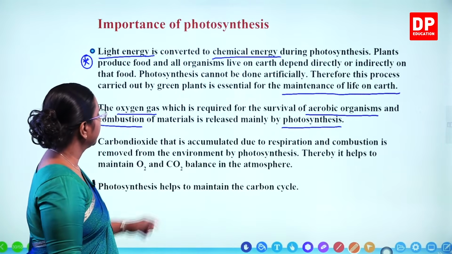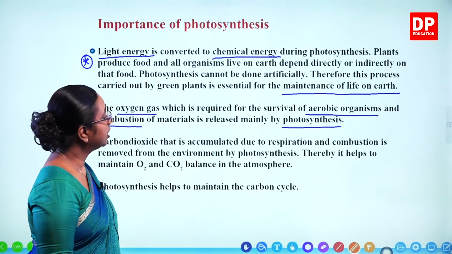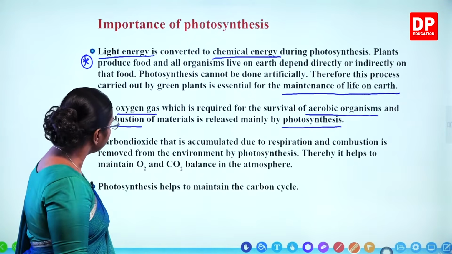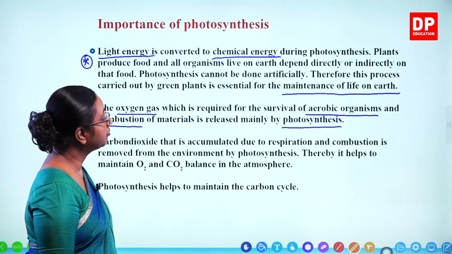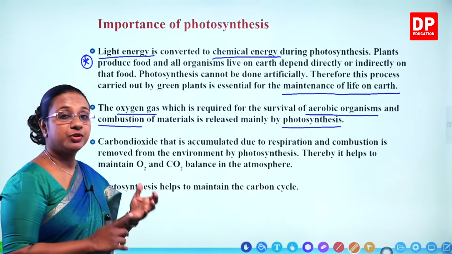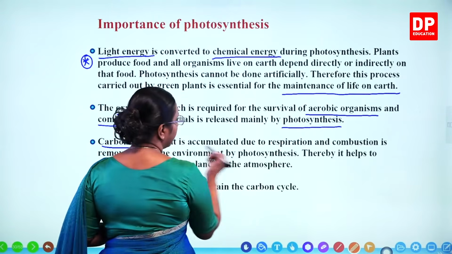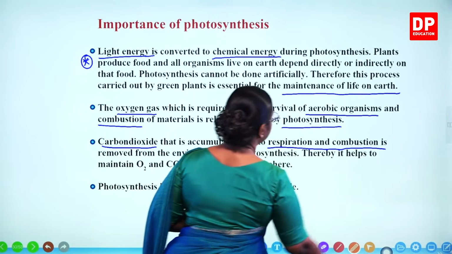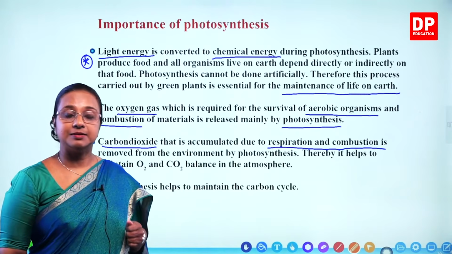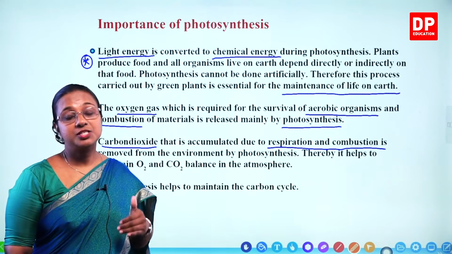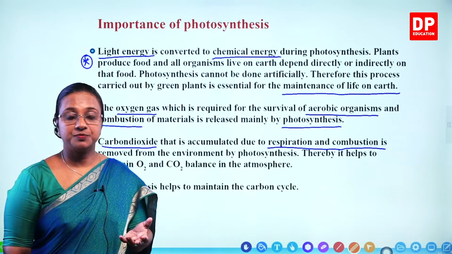Carbon dioxide that is accumulated due to respiration and combustion is removed from the environment by photosynthesis. So here, as you can see, carbon dioxide is given out during respiration and combustion, and oxygen is needed for respiration and combustion.